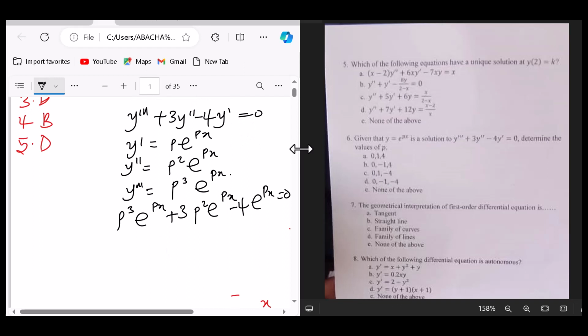Dividing through by e power px, you get p cubed plus 3p squared minus 4, all equals 0.